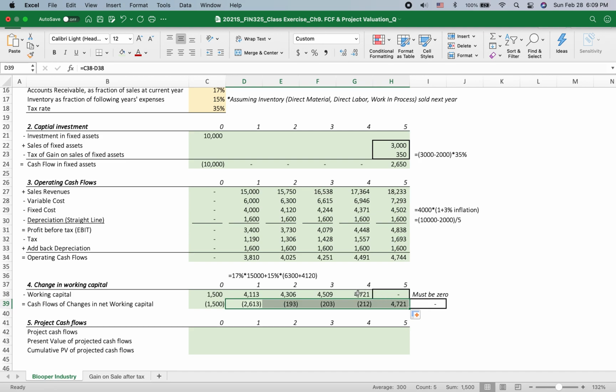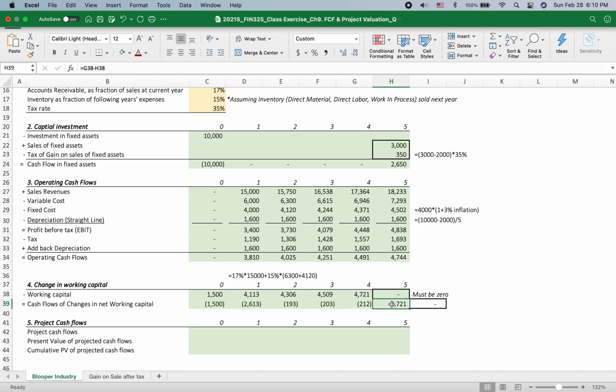The last year it has been increased, so accumulated working capital is 4,721. So 4,721 at the end of the year, because the decrease of the working capital is cash in. As you can see, the total amount is 4,721 as an accumulation, but the last year is 0.